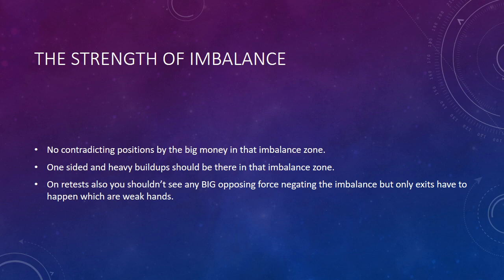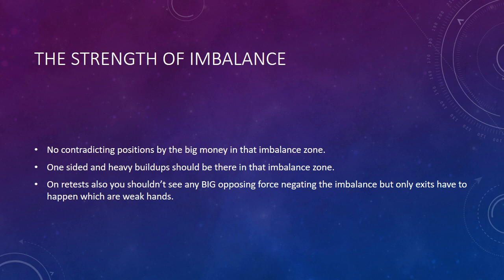On the OI analytics tool, if you see one-sided build-ups which are more than the thresholds mentioned in the volume video, in that imbalance price zone, then that imbalance is said to be of good strength. At least two consecutive big quantities, or even one quantity coming with a very big size, signifies the strength of that imbalance.